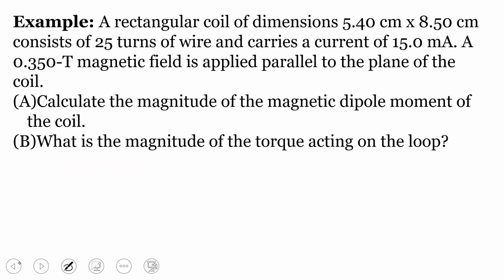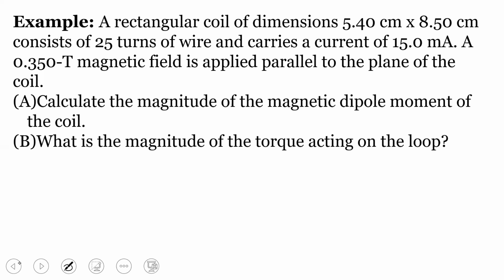Now, this example is saying that a rectangular coil of dimensions 5.4 centimeters and 8.5 centimeters. The first thing that should come to your mind is that a rectangular coil has a certain area, so the product of the dimensions should give you the area. It consists of 25 turns of wire, N is equal to 25.